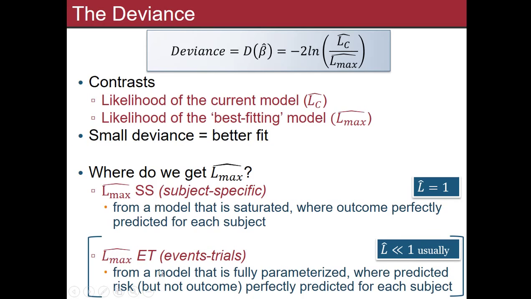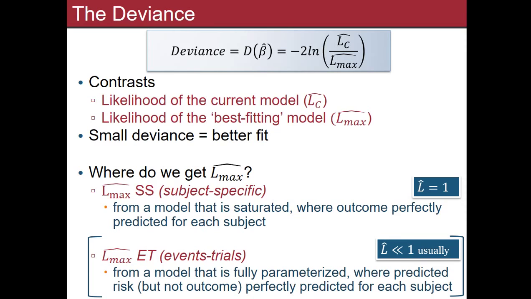And the other is called the events trials-based one. The subject-specific one is the likelihood of the saturated model. This is the model we were just talking about. You put in the denominator the likelihood of the model where you have as many terms as you have observations, because that is literally the best model. It spits out zeros and ones that exactly match your observed data.